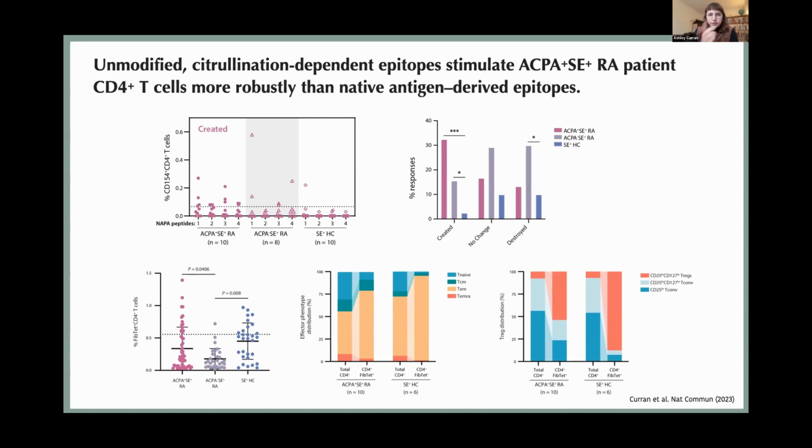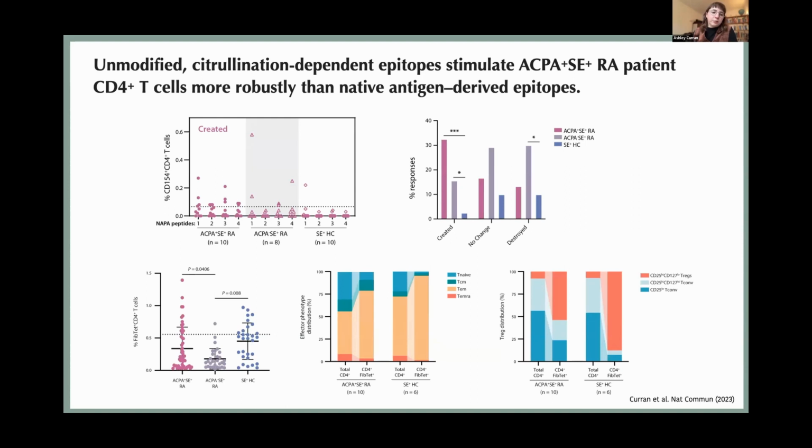We stimulated them with our created peptide repertoire, and we did find more activated T cells in the ACPA-positive patients than in the control groups. And here you can see again with stats, the percent of patients responding to the created peptides is much higher in those that possess these anti-citrulline responses compared to our controls.